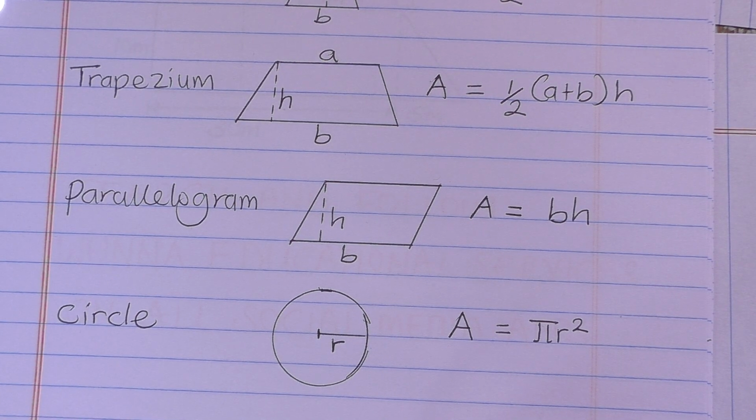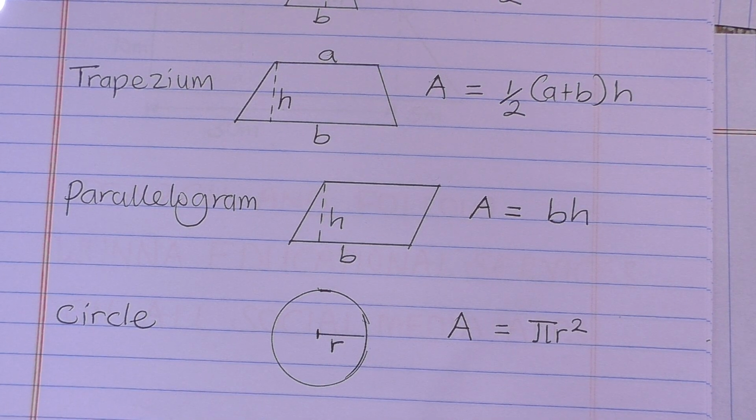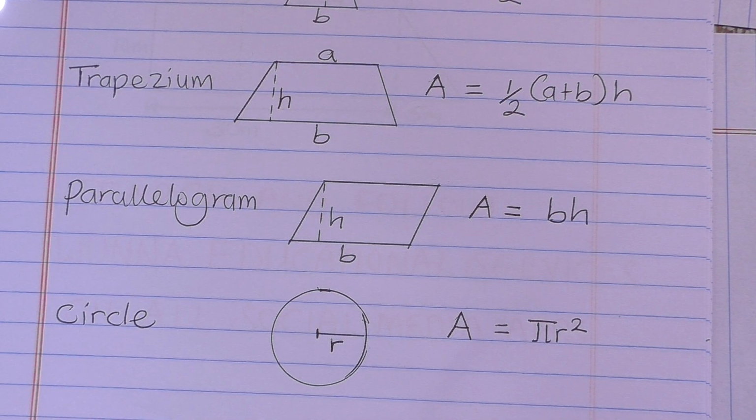Maybe to give you what is not here is the sphere. A sphere is defined as a circle with unequal radii. Yes, a circle with unequal radii.